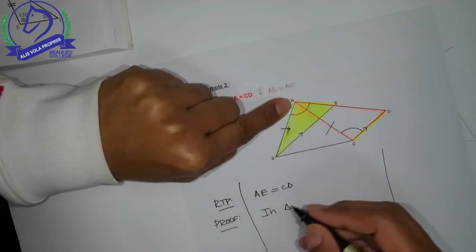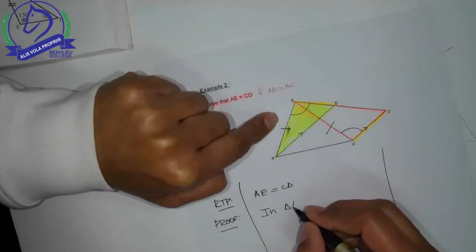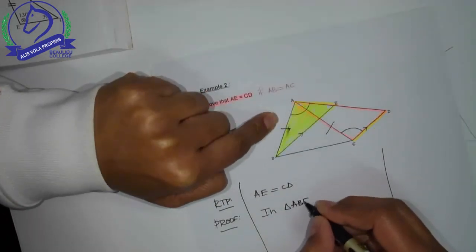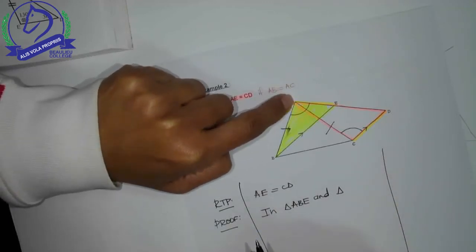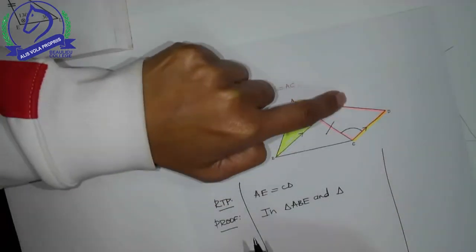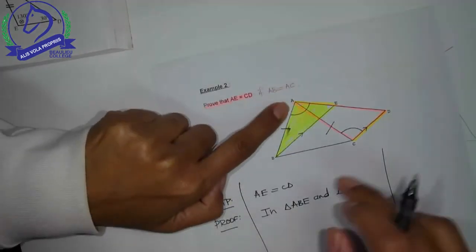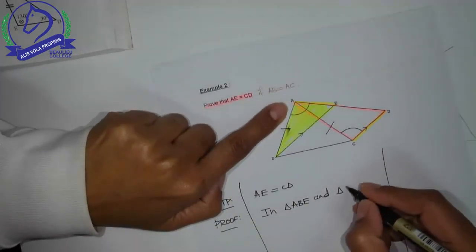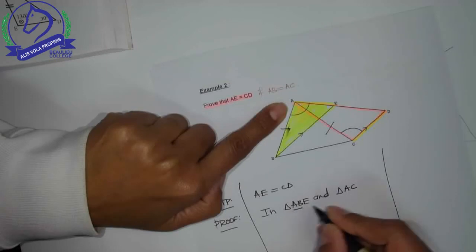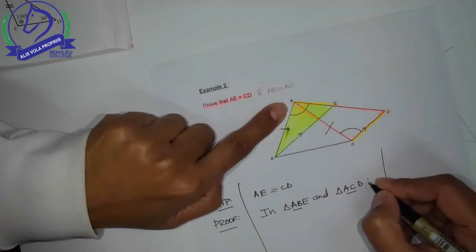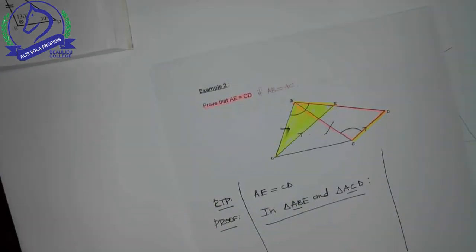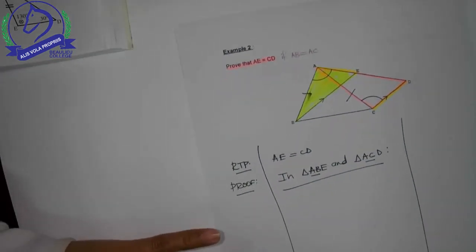So triangle ABE and triangle... Now we know that AB is equal to AC, so I'm going to say AC first, and obviously it has to be D. Remember, it is essential to name the triangles correctly.